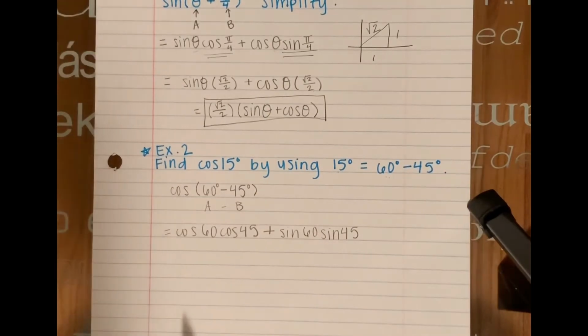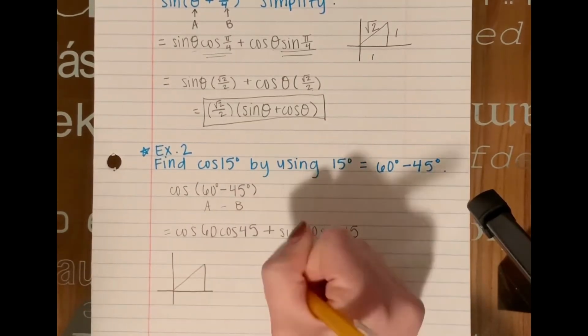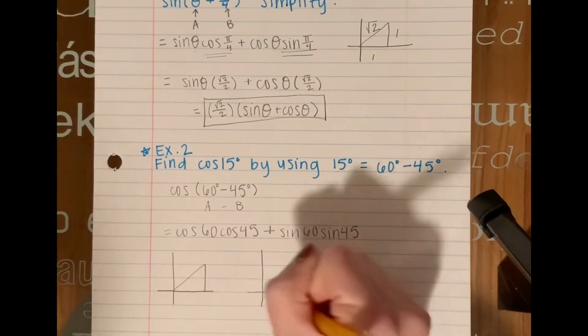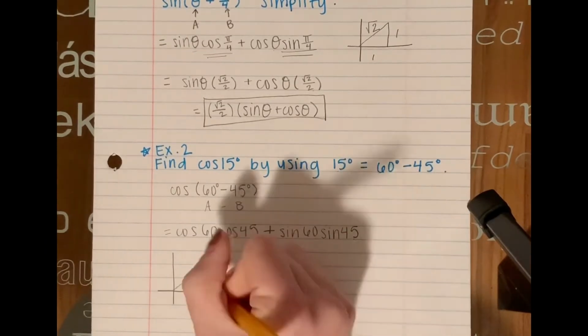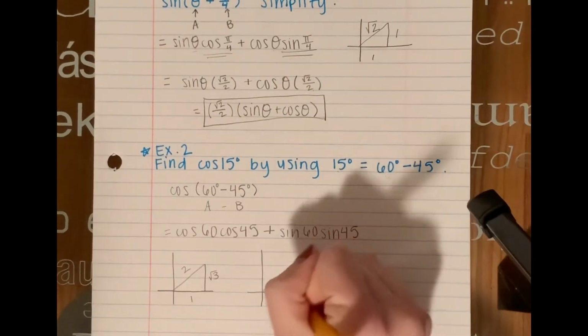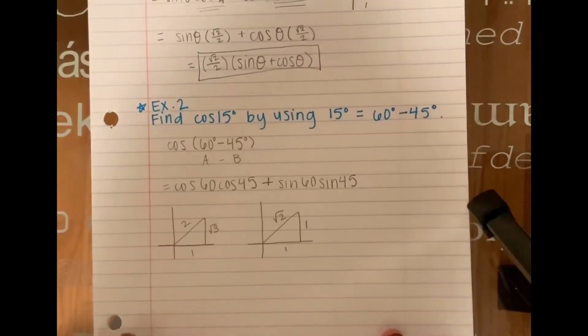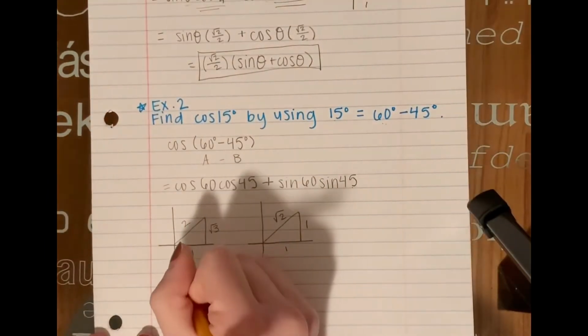This is going to help us simplify because now we have only angles. We don't have any theta, so we can get an actual number answer. So let's go ahead and look at 60 degrees and 45 degrees. So 60 degrees, you have root 3, 1, and 2. 45 degrees, 1, 1, root 2. So cosine of 60 is going to be 1 over 2.